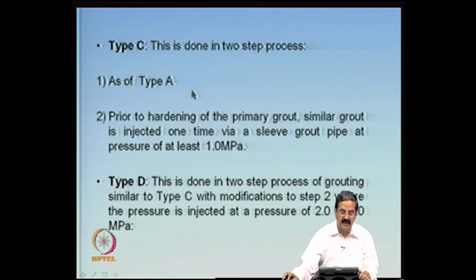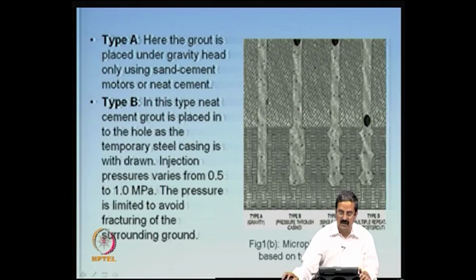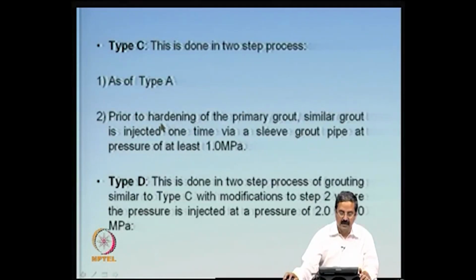Type C is again just a gravity type, and in fact at every stage it gets hardened, and prior to hardening of the primary grout, similar grout is injected one time via a sleeve grout pipe at a pressure of at least 1 MPa. Type D is done in a 2-step process of grouting similar to type C, with modifications to step 2, where the grout is injected at a pressure of 2 to 8 MPa.